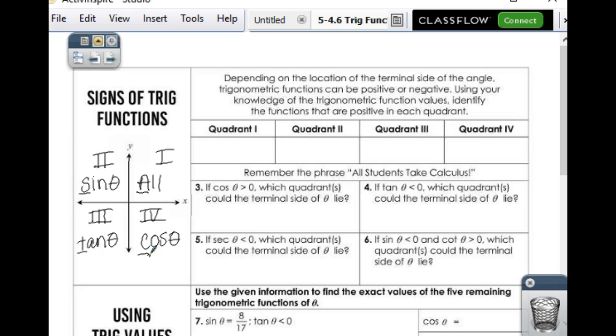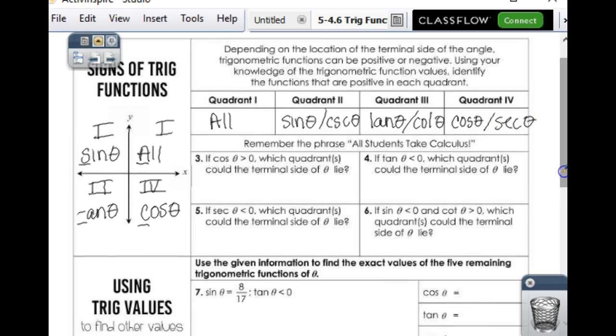That'll give you what. So it's the sign here. What's the inverse? So that'll also be positive there.